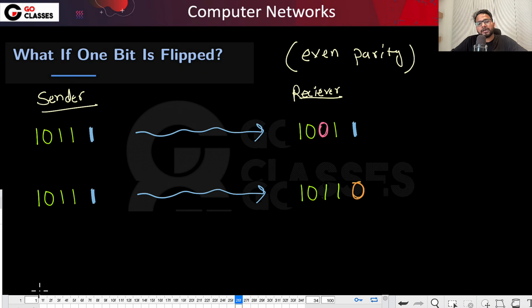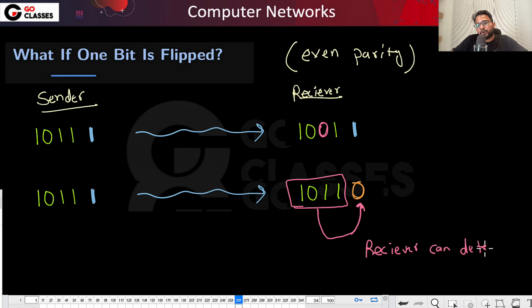Then what will happen? The receiver will be able to detect the error. The receiver will find the parity using this. The parity using this is coming out to 1, right? But here the parity is 0. So the receiver will again be able to detect the error, right? So the receiver can detect the error.